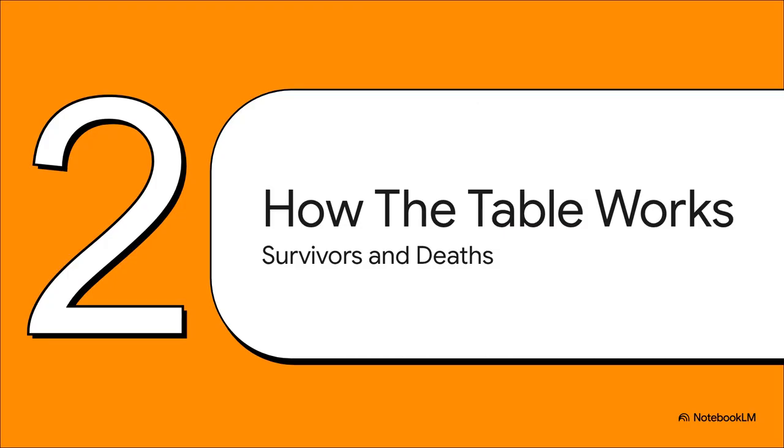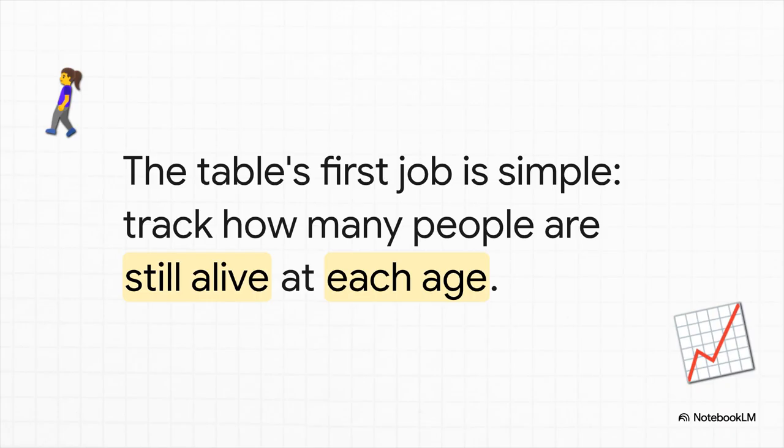Okay, so we've got our 100,000 people. Now what? Well, the whole table really just works on two very simple connected ideas: keeping track of who's still around each year, and because of that, also knowing who isn't. The first and most important job of the life table is to track the survivors. It's a column, often called LX in actuary speak, where X is just the age.